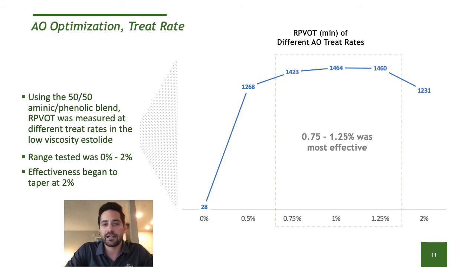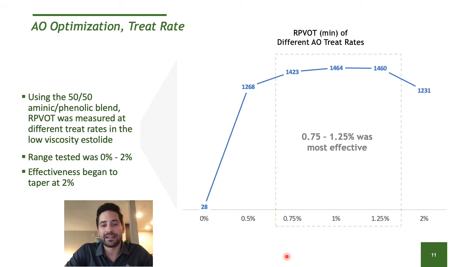Next, we took a look at an AO optimization on treat rate. We wanted to understand what treat rate is most effective for a 50-50 blend of aminic and phenolic additives. So we tested a range.